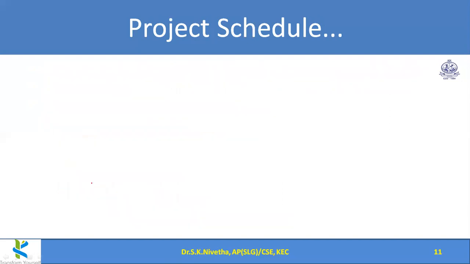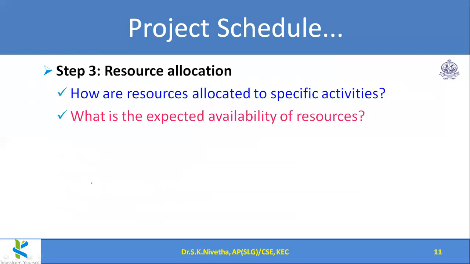So 2 steps are over. The third step is allocating the resources. How do we allocate resources for specific activities, and what is the expected availability of resources? Suppose totally 5 activities are there.